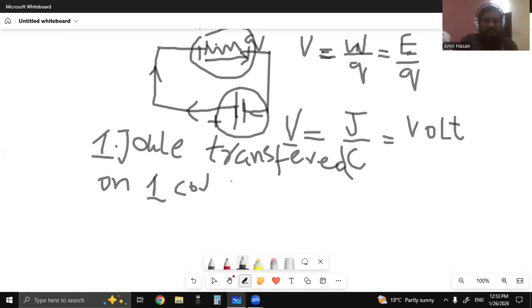This is the unit of potential difference. Next, we study in this class what is known as 1 volt.